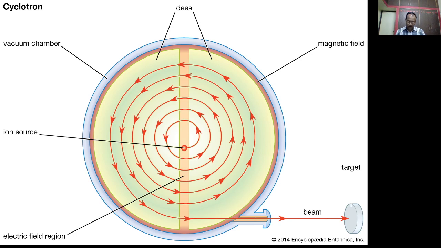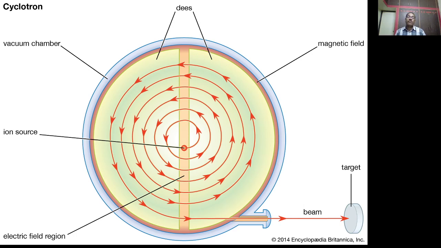Sometimes it is called a fixed frequency resonance accelerator. Its construction is so simple. It consists of two D-shaped metal boxes called the Ds of the cyclotron.